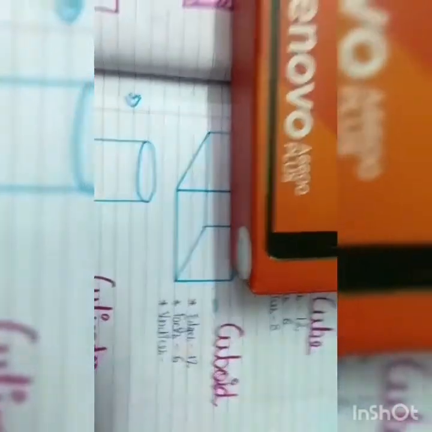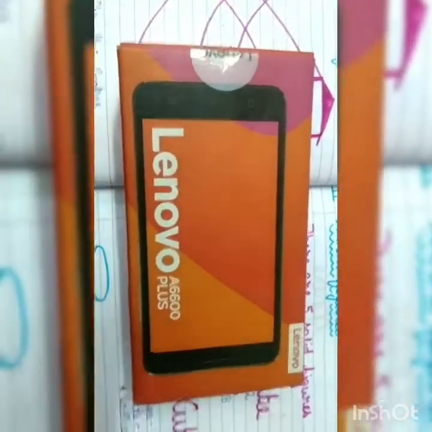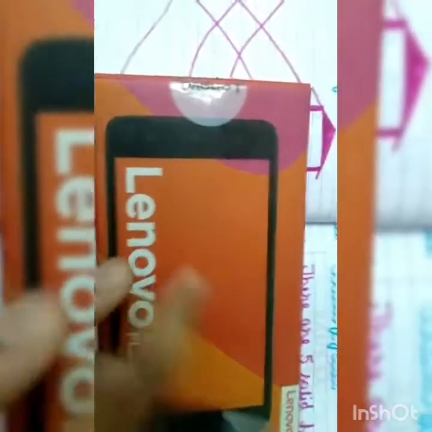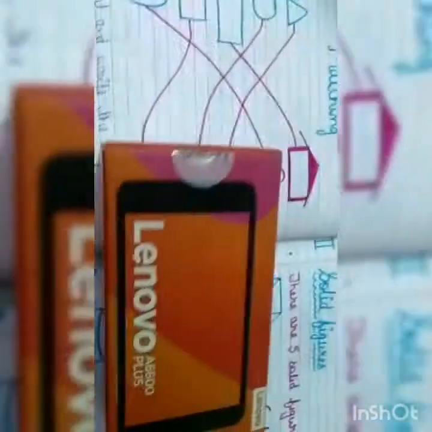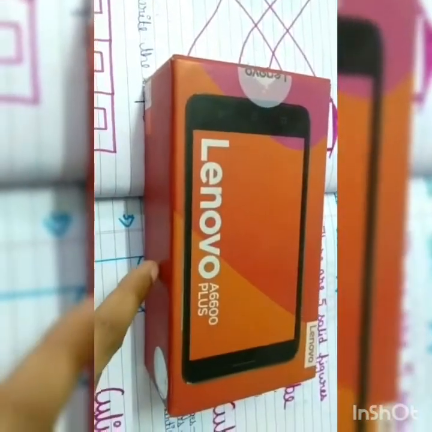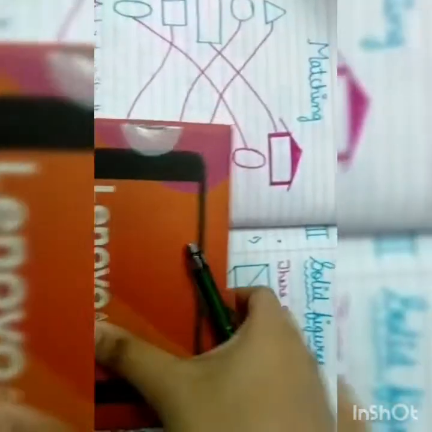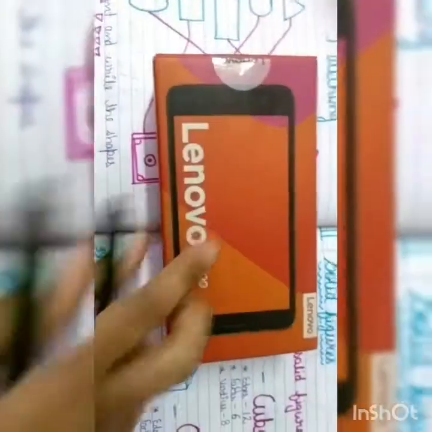Okay, students? So now, let's count the faces. Let's count together. So, 1, 2, 3, 4, 5 and 6. So cuboid has 6 faces.